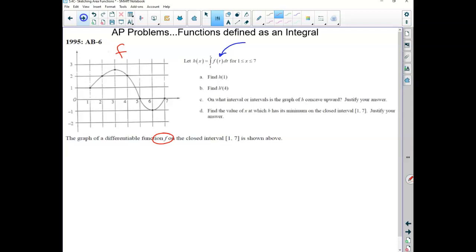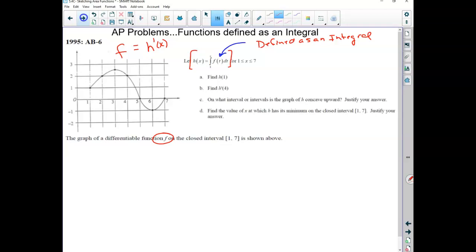What is f? f actually equals h prime of x, because this is a function defined as an integral, which means if I take the derivative of this, that's how I get little f out, right?